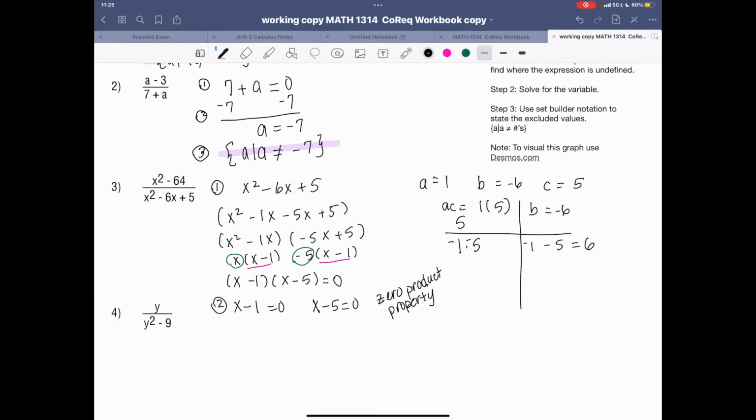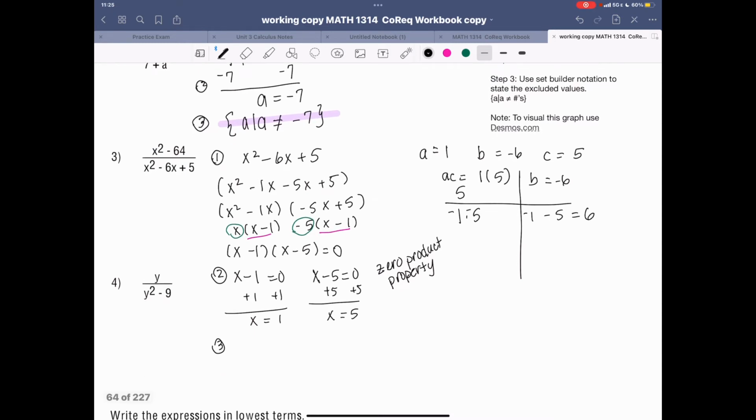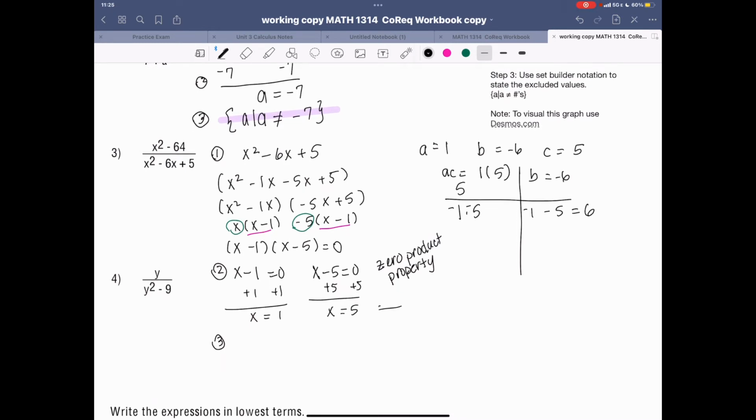So we're going to say plus 1, x equals 1. And then plus 5, x equals 5. And then our last step is going to be use set builder notation to state the excluded values. These right here are the excluded values. So we're using the variable x such that x cannot equal, remember they're excluded, 1 and 5.